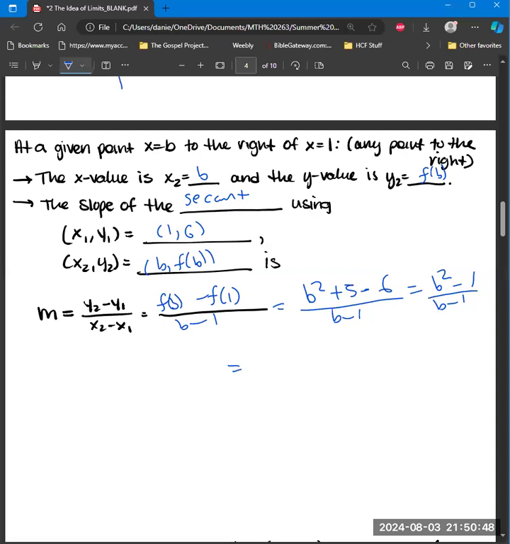And that's going to be b plus 1 times b minus 1 over b minus 1, which is equal to b plus 1, as long as b is not equal to positive 1, because we need to have a slope.